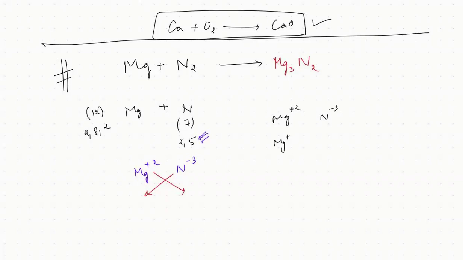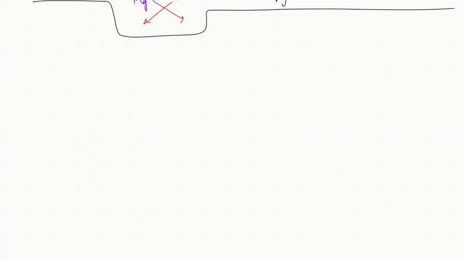So we would have Mg plus 2, three times, and we would have N minus 3, two times. So this would be Mg3N2. Are you understanding?